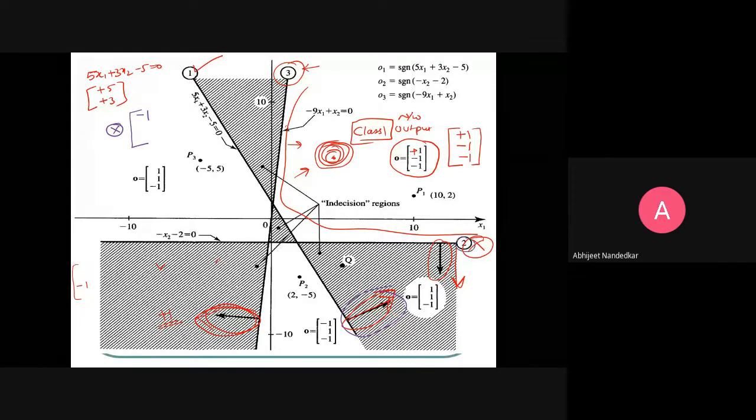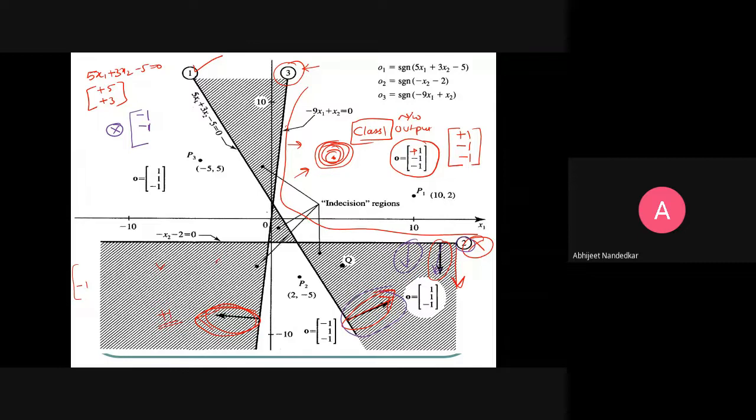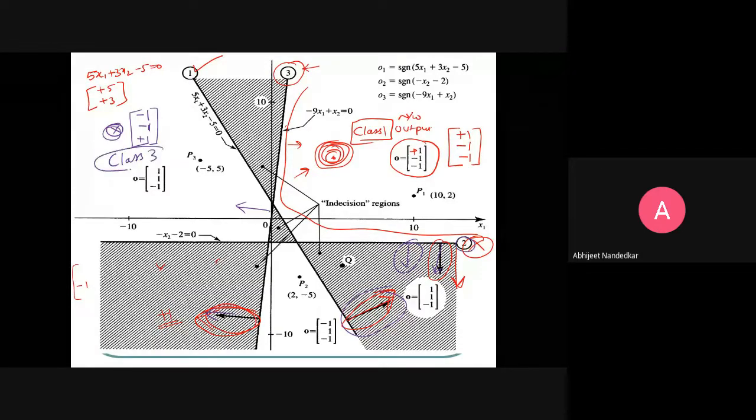Neuron number 2 is saying go this side, but I am in the opposite direction, so I am here. Am I right? What is neuron number 3 saying? Go this side. So I am here, that is, I am on the right side. So this zone becomes the class 3 zone.